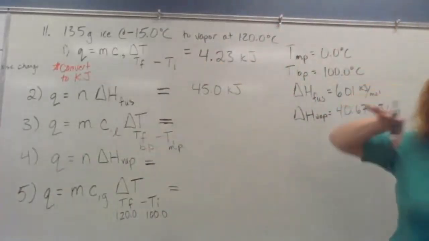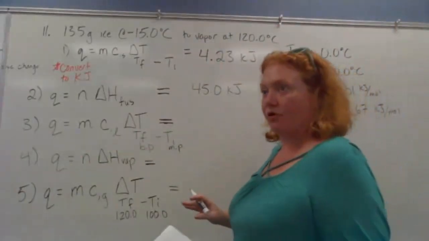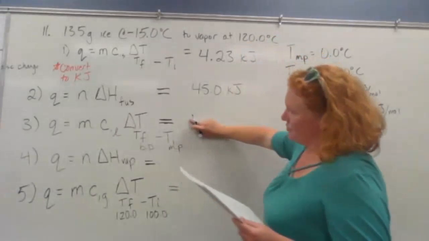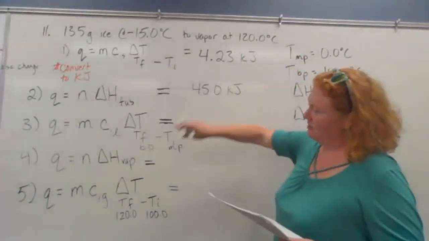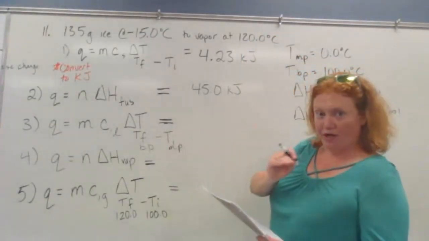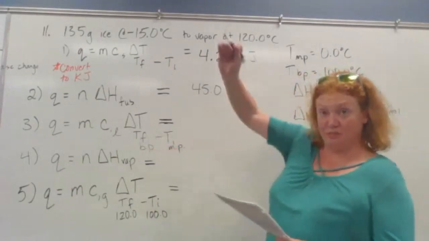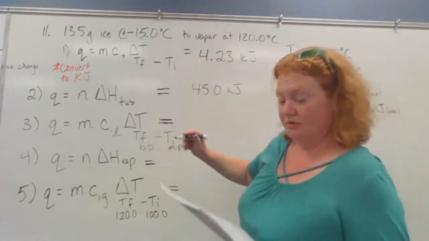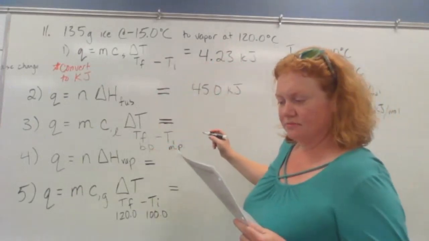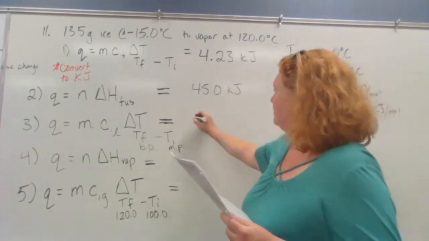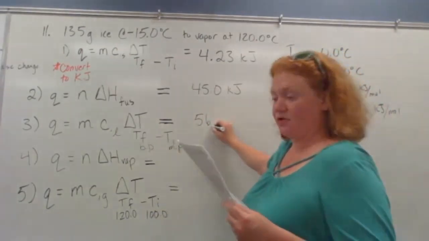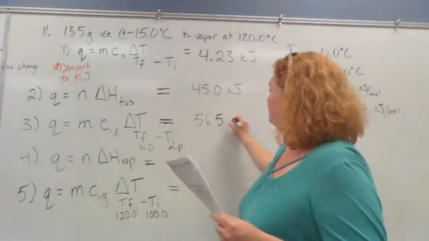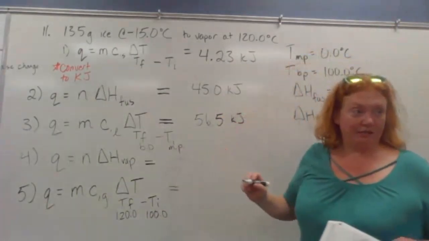You didn't lose water. Doesn't say you lost any. Step 3, to heat that liquid from its starting point at 0 up to its boiling point, which is 100, I got, and then converting it to kilojoules, I got 56.5 kilojoules to heat the liquid.